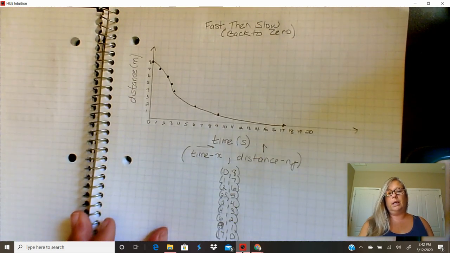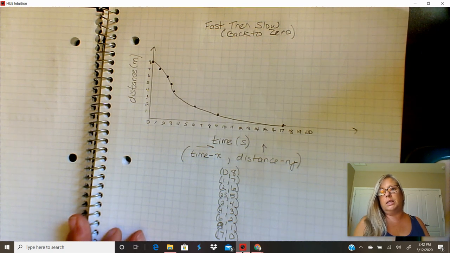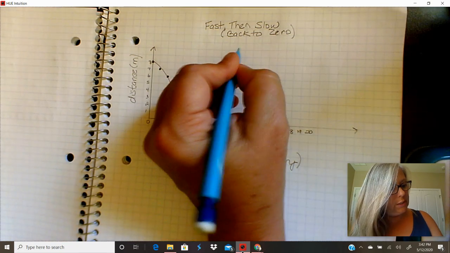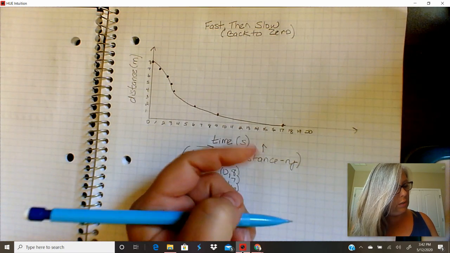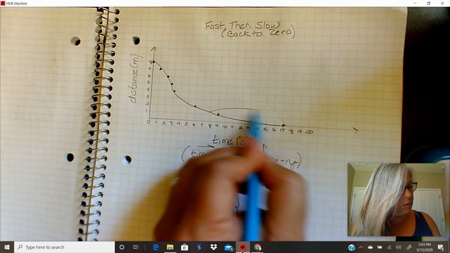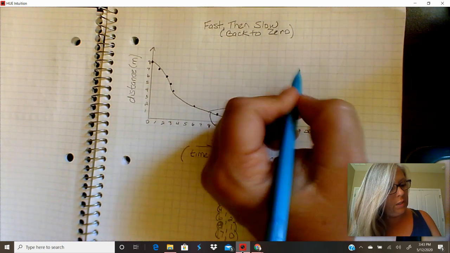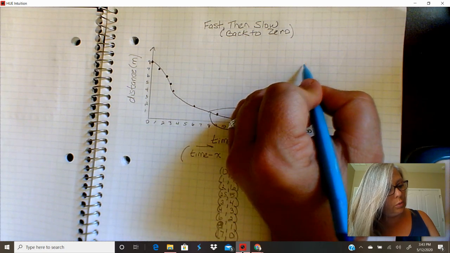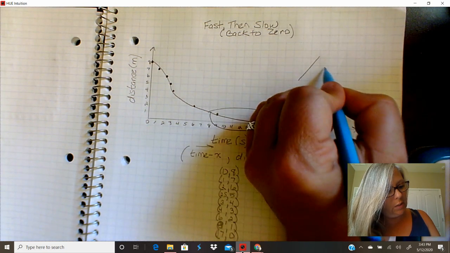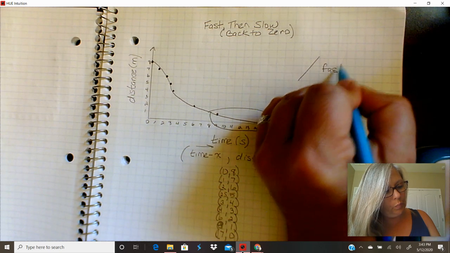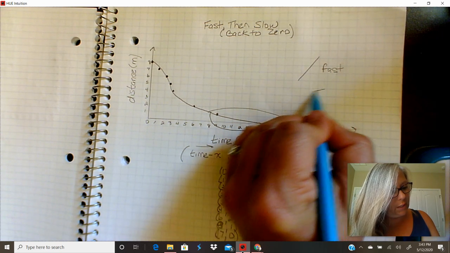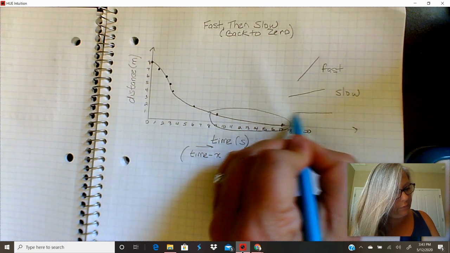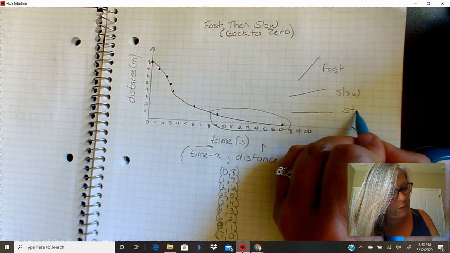However, you can see that, just as before, I can figure out whether I'm increasing or decreasing my speed by circling the last third of the graph and thinking about what you know about the speed of diagonals. Remember, if I have a very steep diagonal, that's a fast speed. If I have a flatter diagonal, that's a slow speed. And if I have a completely flat line, that's a stop, a horizontal.